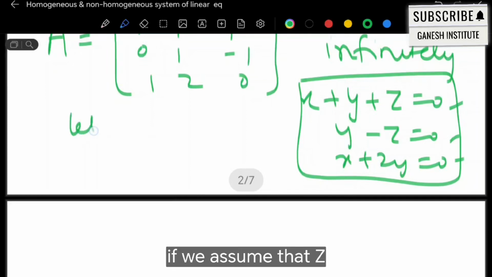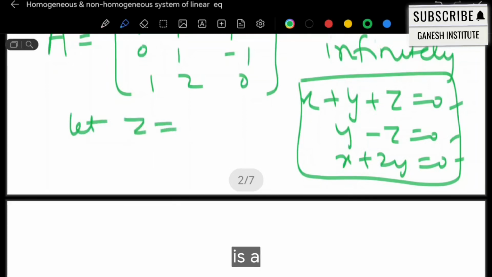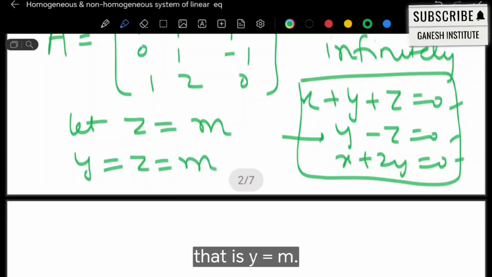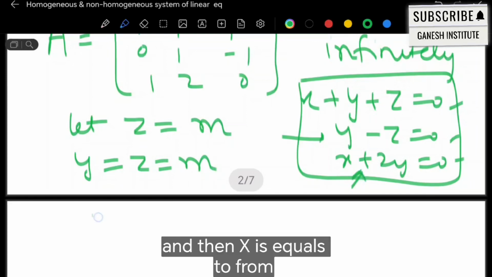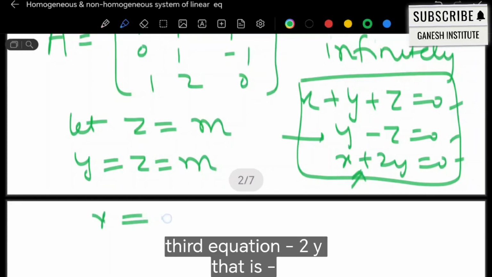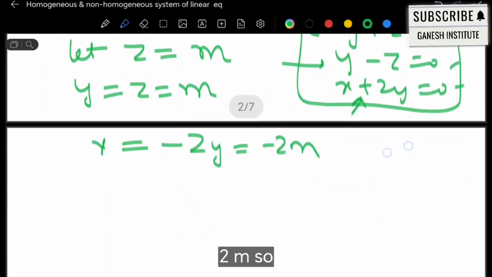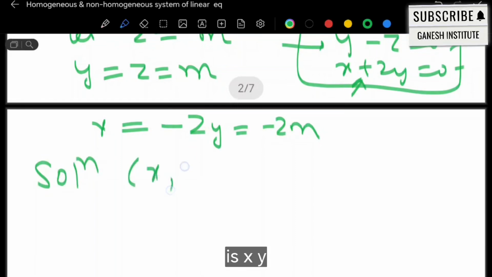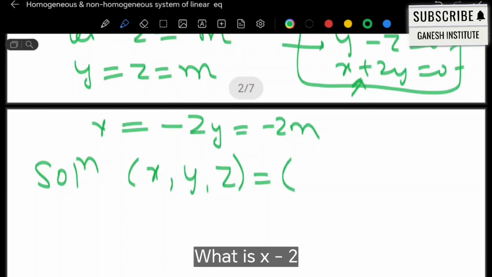If we assume that z is a variable, then from the second equation y equals z, that is y equals m, and then x is equal to, from the third equation, minus 2y, that is minus 2m. So the solution set, which is x, y, z, is, what is x? Minus 2m.